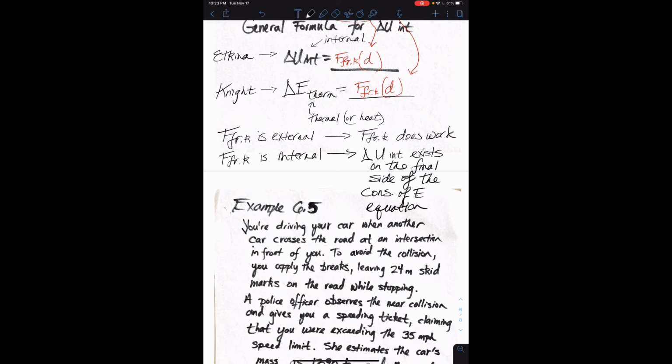Okay, so this is very similar to what happened to gravity and how PE grav does or doesn't exist, right? Is gravity doing work or not? And is gravity internal or external? Okay. All right. Almost done here.